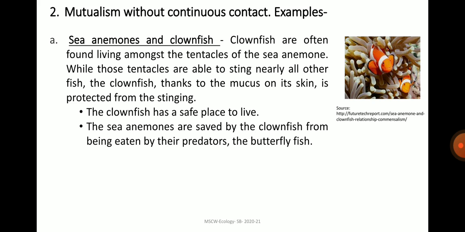While those tentacles are able to sting nearly all other fish, the clownfish, thanks to the mucus on its skin, is protected from the stinging. In this relationship, the clownfish has a safe place to live, and the sea anemones are saved by the clownfish from being eaten by their predators, that is, the butterfly fish.